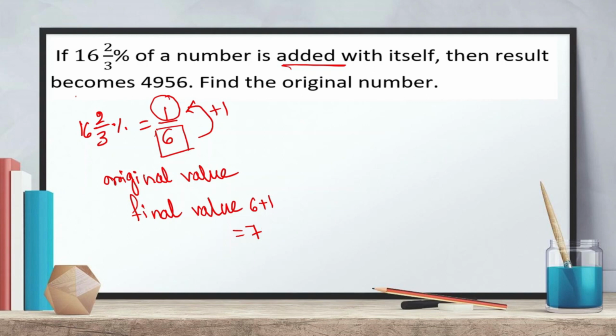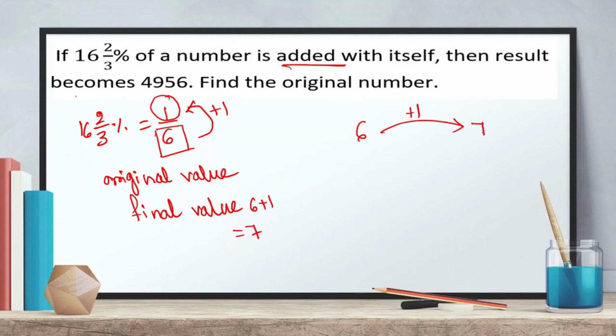Here it is given that the result becomes 4956. That means final value is 4956, which is equivalent to 7. Here we got that final value is 7. So here original number is 6 and it is incremented by 1.